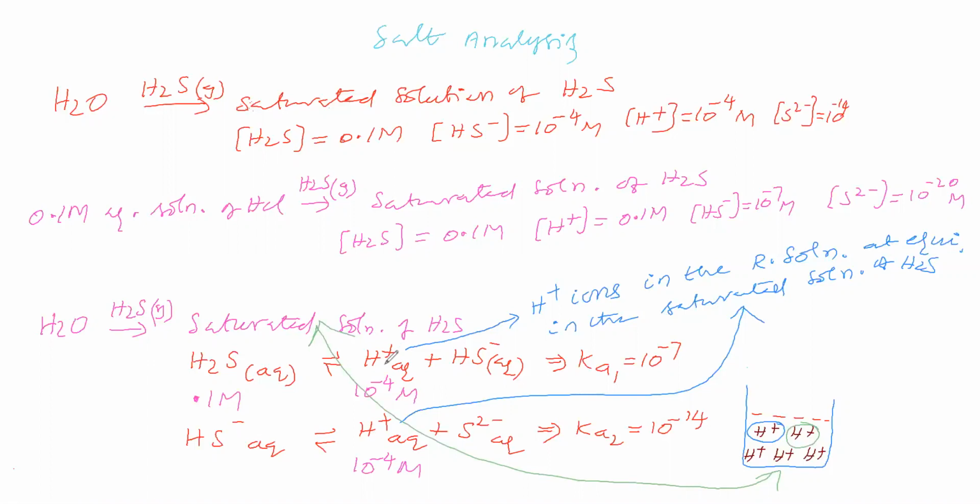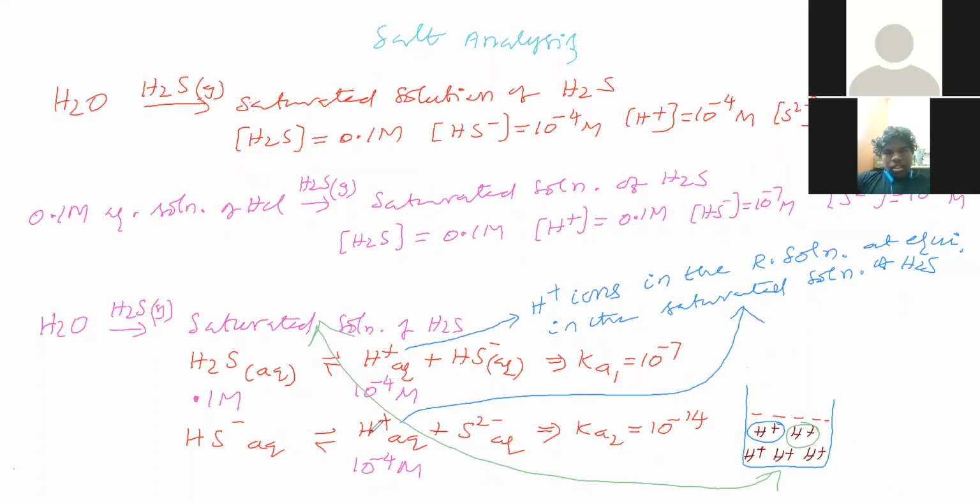Don't think that the H plus comes only from H2S like this, or superficially that it is the H plus coming from HS minus. Practically, how is it there? We should have a practical thought.